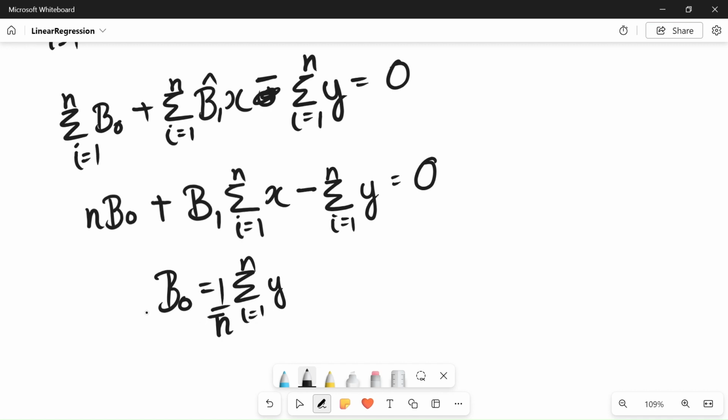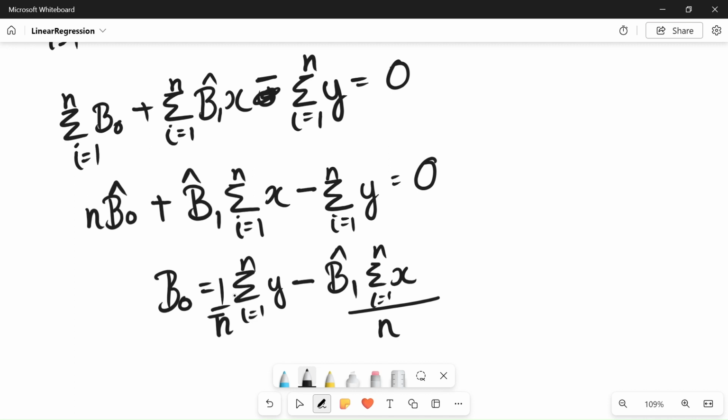The n was actually multiplied over here, so it will come to the denominator on the other side, minus beta 1 hat. I've actually forgotten to put the hat over there as well. So beta 1 hat times the summation of x, i equals 1 to n, divided by n.